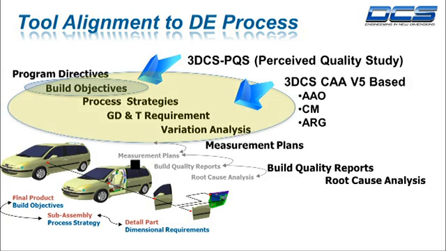If we talk about 3DCS from a more general standpoint, we then take into account things like locating strategy, how the tooling is going to be designed, and how the tooling is going to function relative to the parts and the product itself.